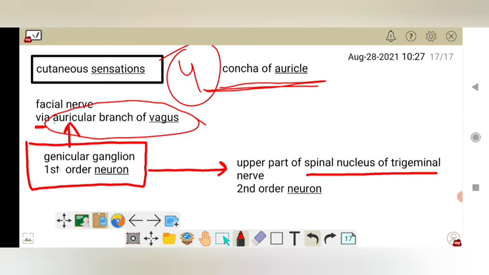These peripheral fibers reach the geniculate ganglion, the first order neuron. Then central fibers reach the spinal nucleus of the trigeminal nerve. All sensory sensations from the head and neck finally reach the spinal nucleus of the trigeminal nerve. It acts as a second order neuron. These are the functional components of the facial nerve.